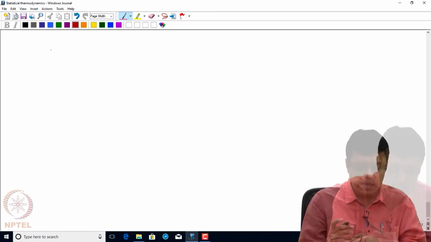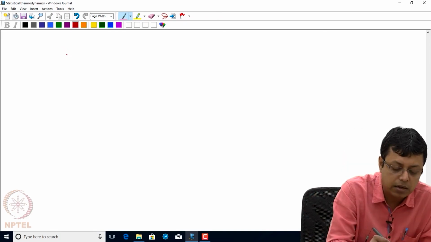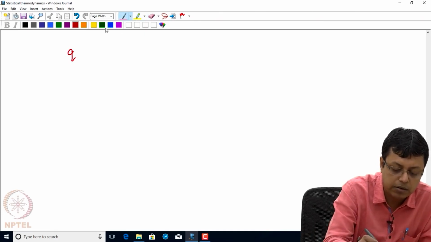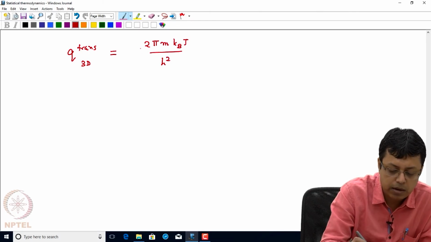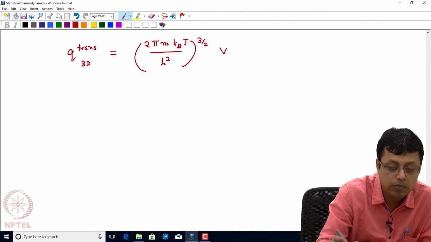So what we learned in this lecture, and what we need to remember because it will be necessary, is that we got a formula for the 3D translational degree of freedom. Just writing the 3D version, it is nothing but (2πm kBT divided by h²) raised to the power 3/2 times volume.